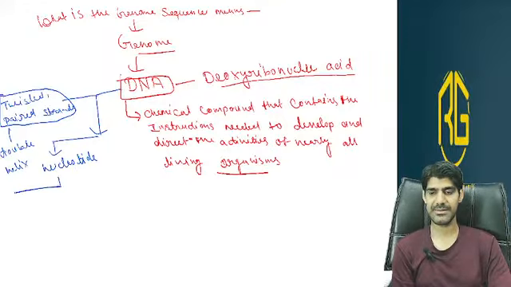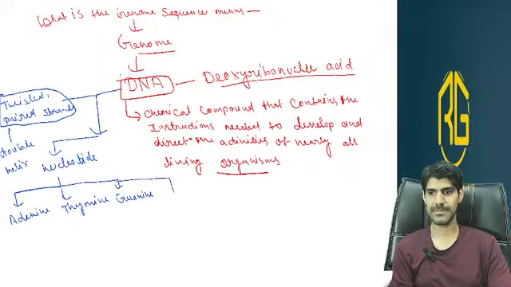This nucleotide is made up of four compounds: adenine, thymine, guanine, and cytosine.